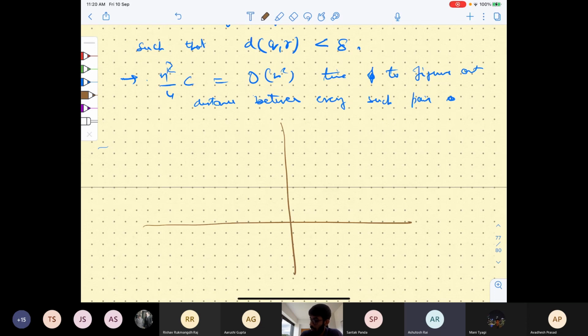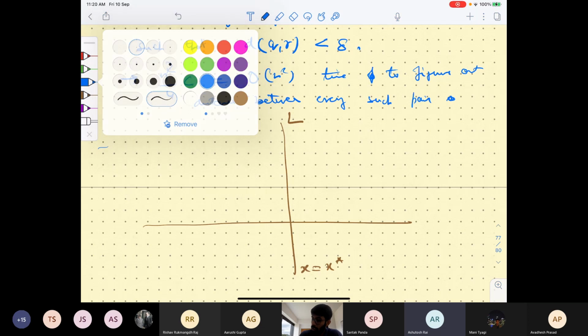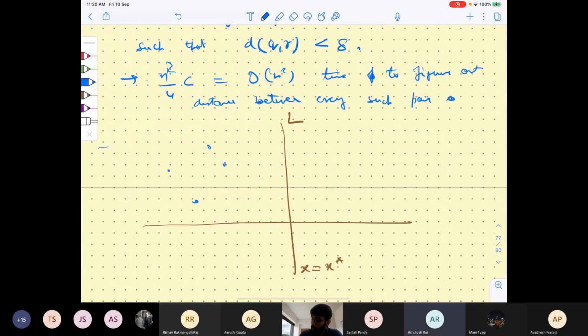This is the line x equals x star, and let's call this line L. This side is Q, and this side is R.